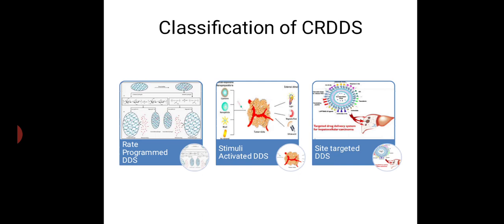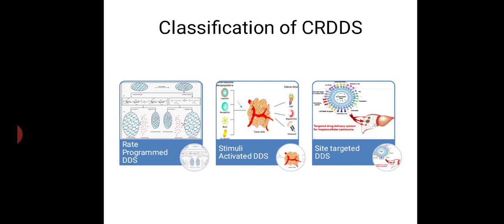The second classification is the stimuli activated drug delivery system. In this type of drug delivery system, the stimulation can be physical, chemical or biological, or any type of stimulation. Once there is a stimulation, based upon the stimulation the delivery system gives a response.